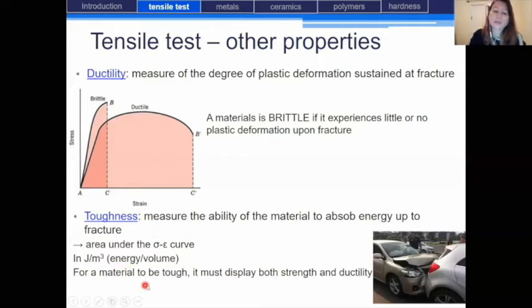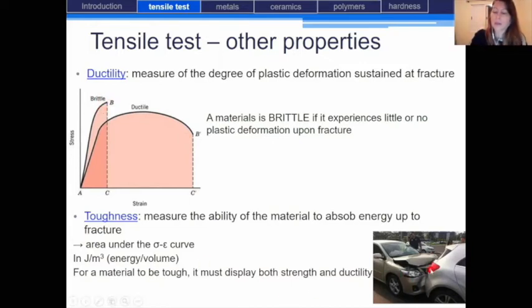And so a material, to be tough, must display both strength and ductility. So in the case of the ductile material represented on this graph, its toughness is higher than that of this brittle material.